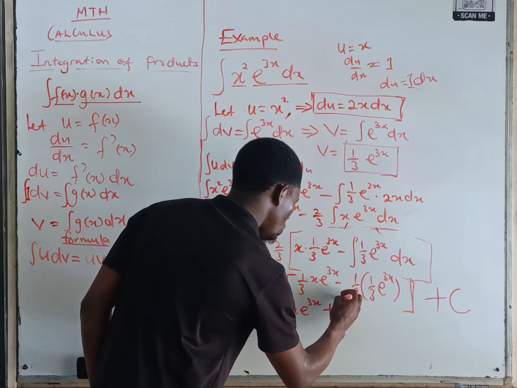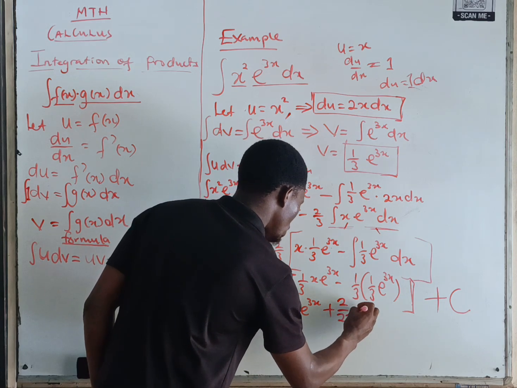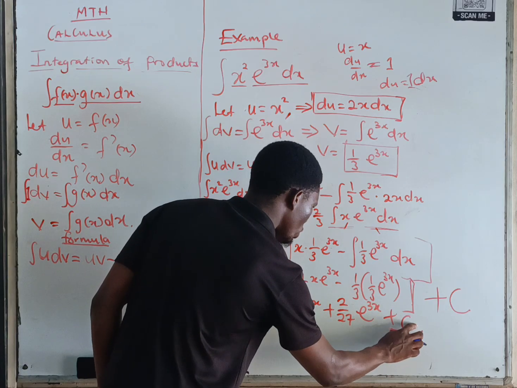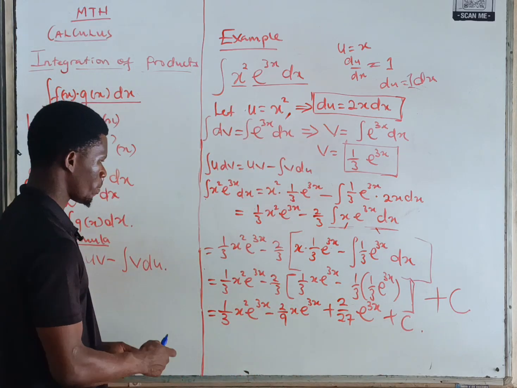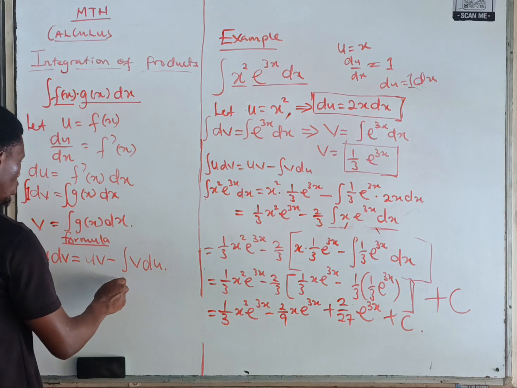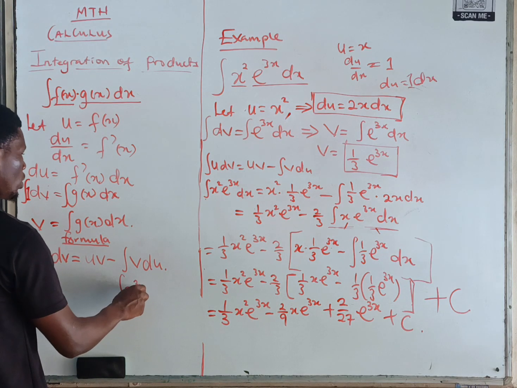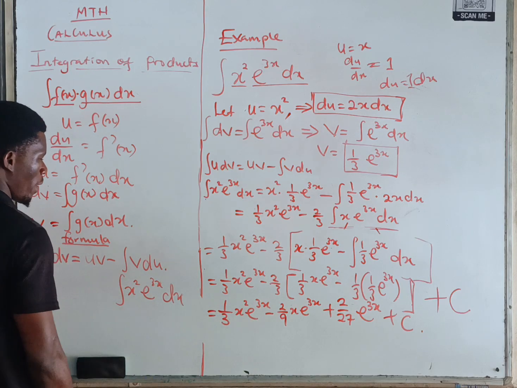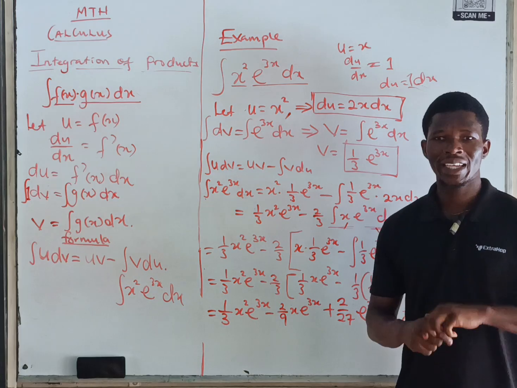That is plus 2 over 27 e raised to power 3x plus c. So that is the integral of x squared e raised to power 3x dx equals this.